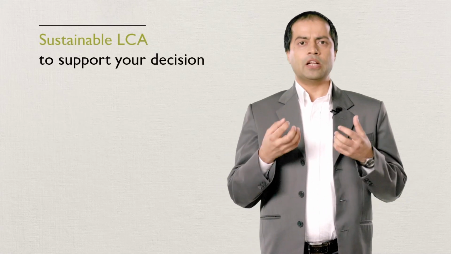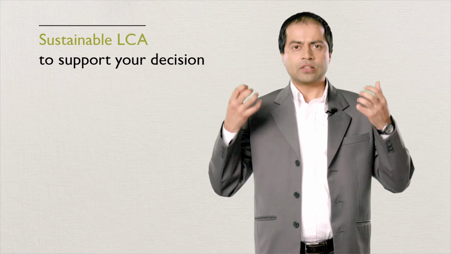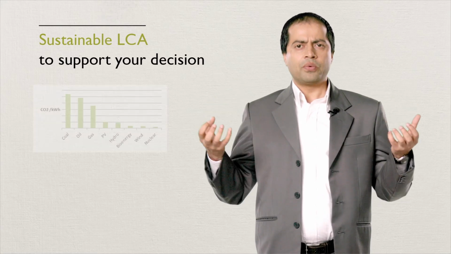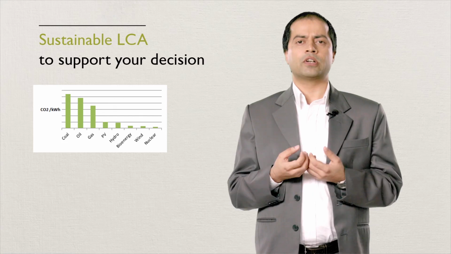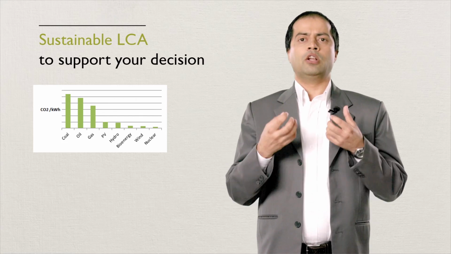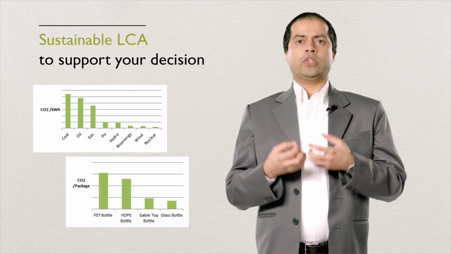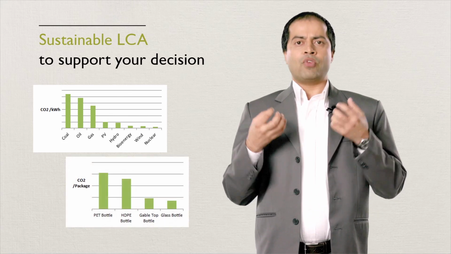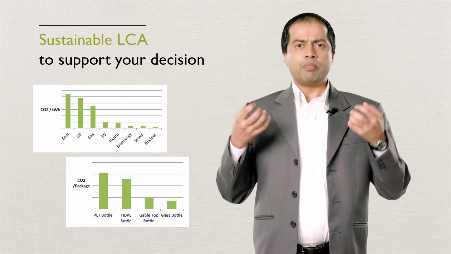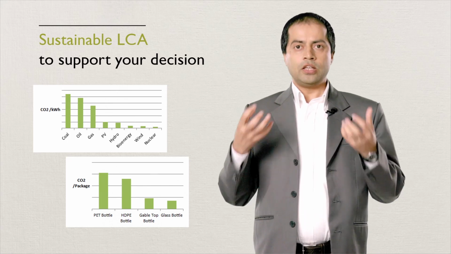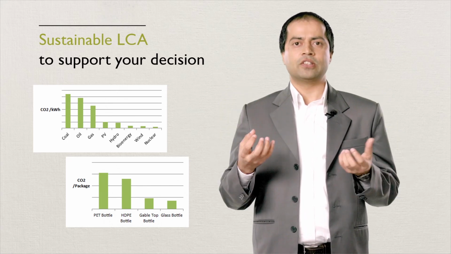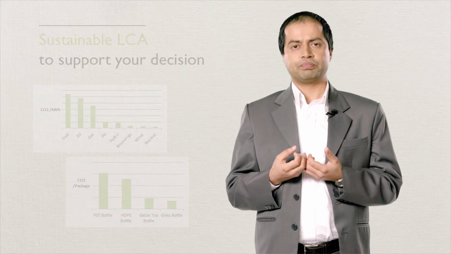Analysis of sustainable LCA helps you answer questions such as whether to use coal or solar photovoltaics to generate 1 kilowatt-hour of electricity, or whether to buy milk in glass or plastic bottles or in paper packs. These and other interesting answers you can find in the reader.